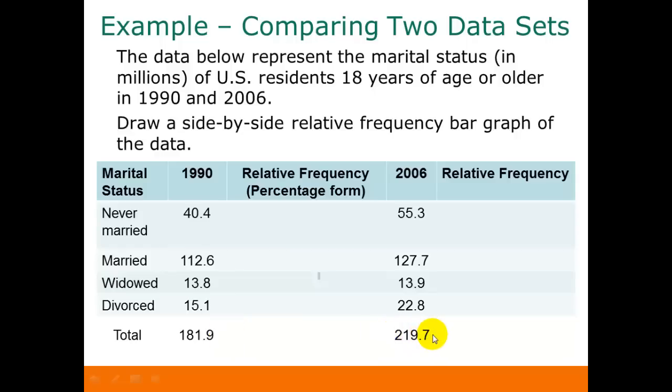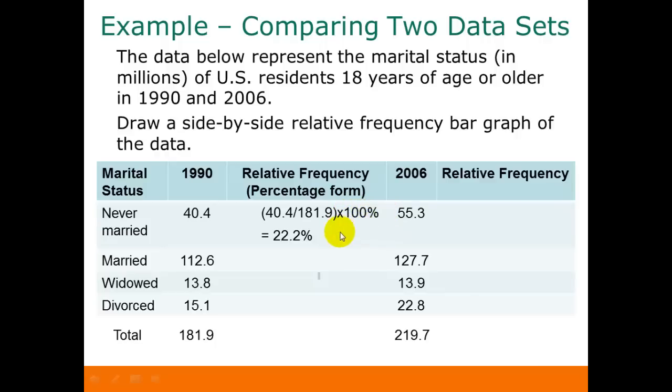So again, you can see these two totals are quite a bit different. Now for 1990, we're going to divide each category frequency by the total for that year, which was 181.9. So here we're taking 40.4 divided by 181.9 times 100%, because we're going to do this as a percentage bar graph.